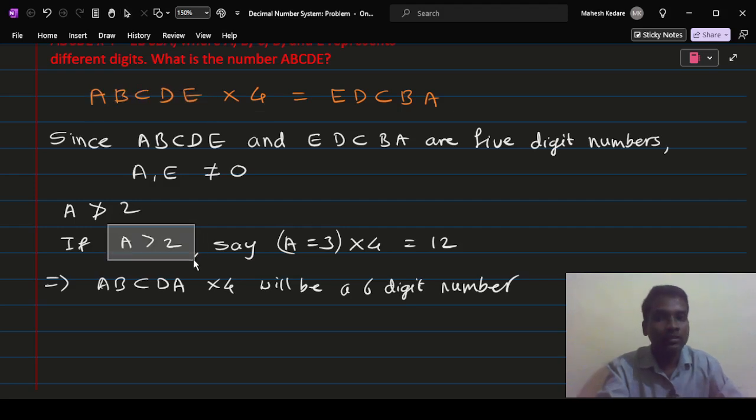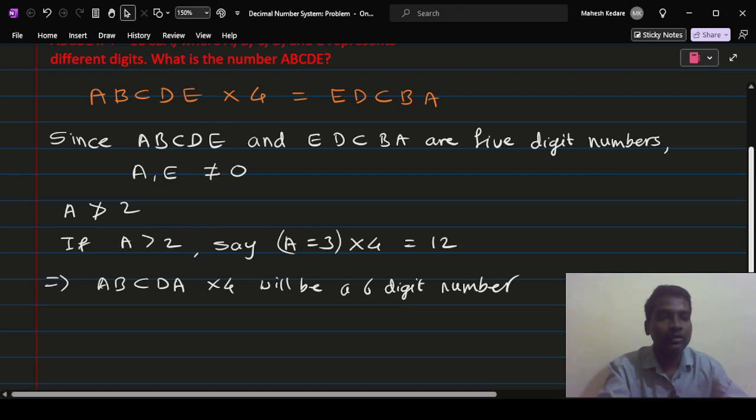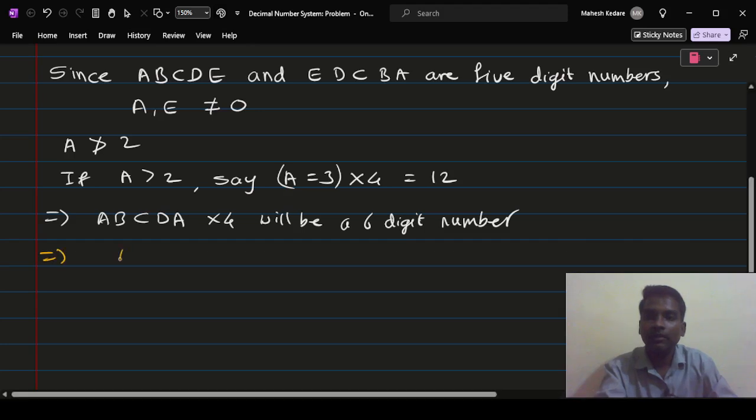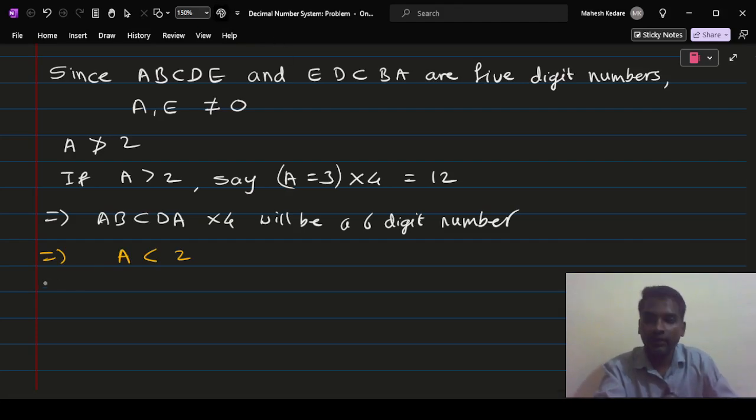So A must be smaller than 2, and this gives us two choices for A.